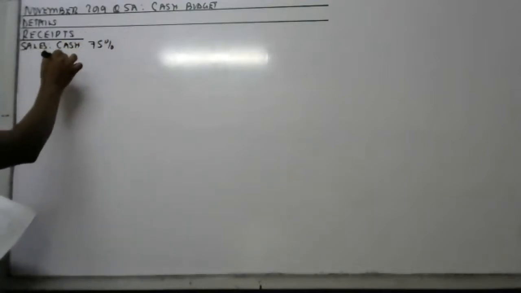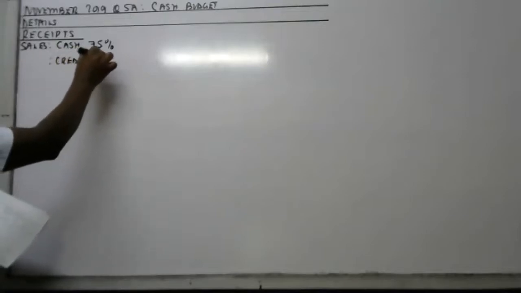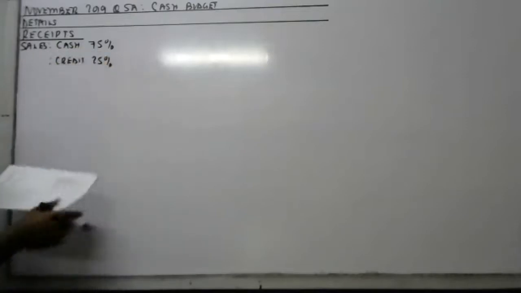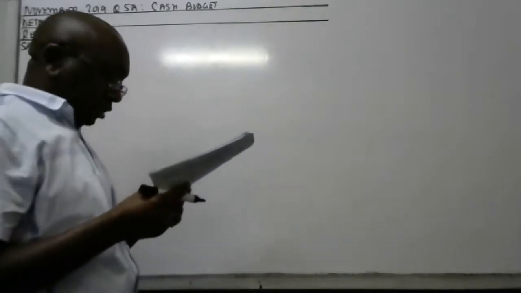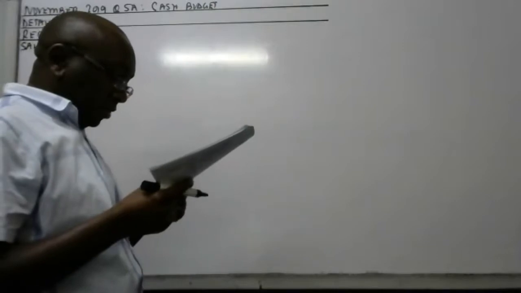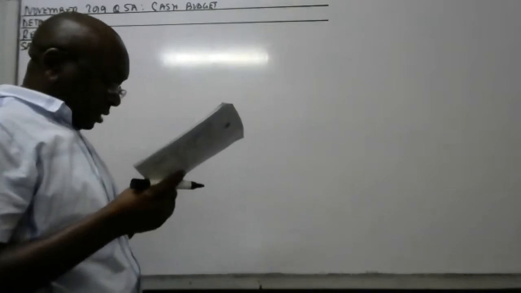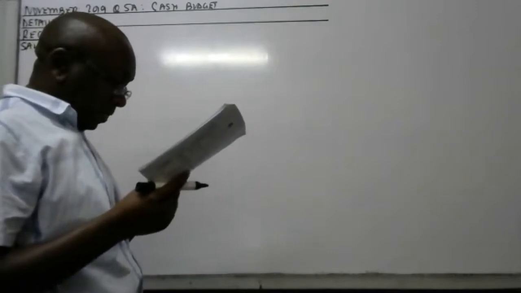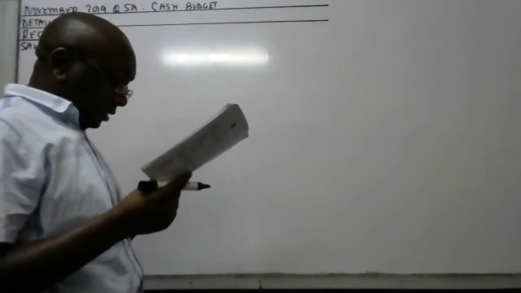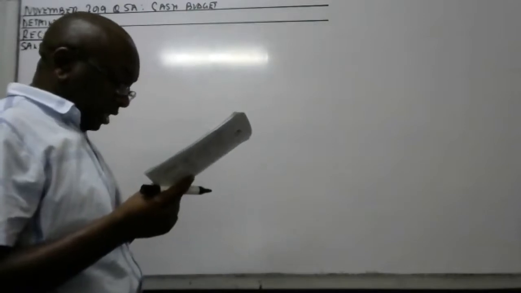And then we have credit, which is 25%. And we are told debtors are expected to settle their accounts the month after which sales took place. There is nothing else that I can see given as a source of income.